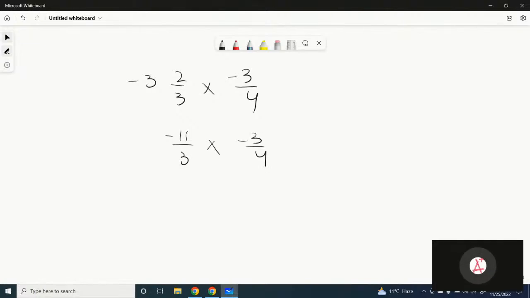Got it? Just do cross multiplication. Both of the numbers are negative, so their product must be positive. 11 times 3 is 33 and 3 times 4 is 12. You can divide them by 3, it would be 11 over 4. So 4 times 2 is 8, and you have 3 remainder, it would be 2 whole 3 over 4. Got it?